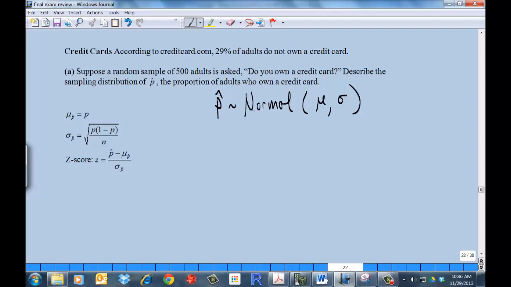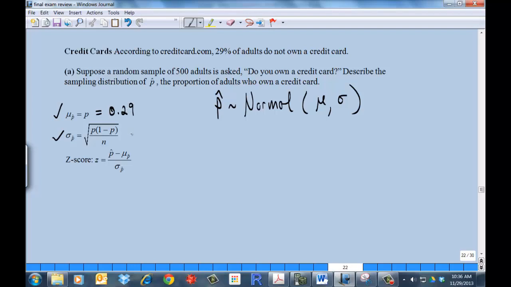Okay. Now, the mean and standard deviation of this distribution are going to be given by these two formulas here. So the mean is just going to be equal to the population proportion P, which is 0.29.